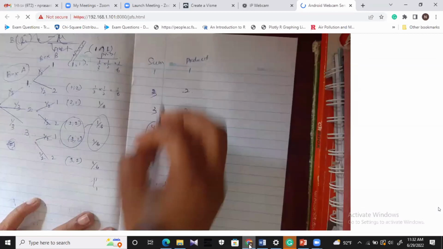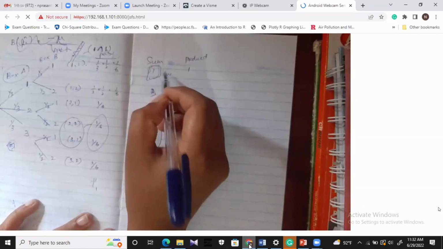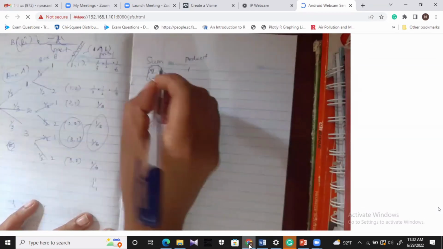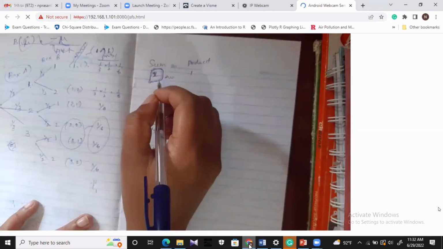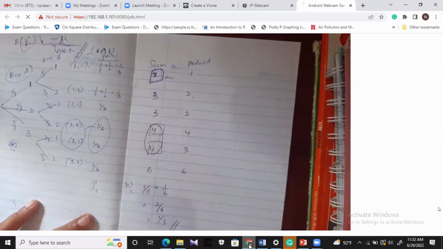Okay. These are the even numbers. Not even, odd numbers. Here we had 2, no? No one corrected it. Why? The sum is 2, no? 1 plus 1 is 2. 2, again 4, 4.